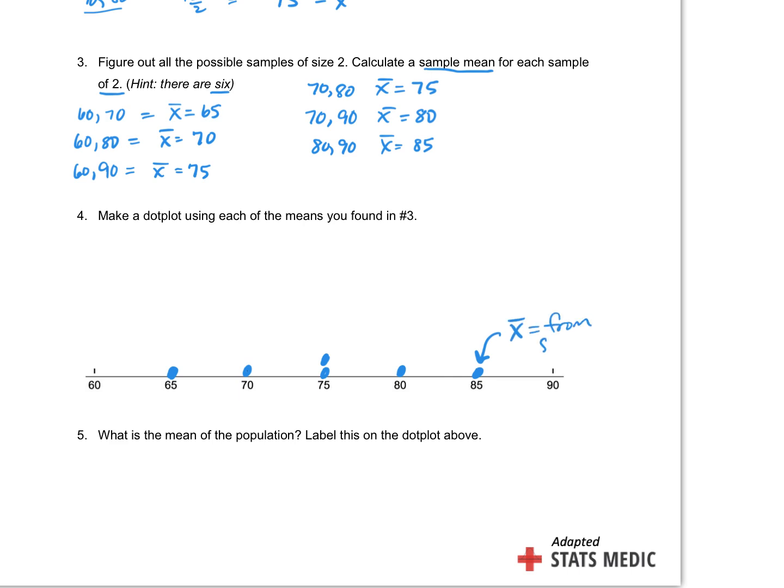From a sample of size 2, right? It's not one individual grade, it's the average of 2 grades, right? So if I now look at this and I say, okay, what is the mean of all my X bars, where would they average out to be? 75. Everybody agree it averages out to 75?